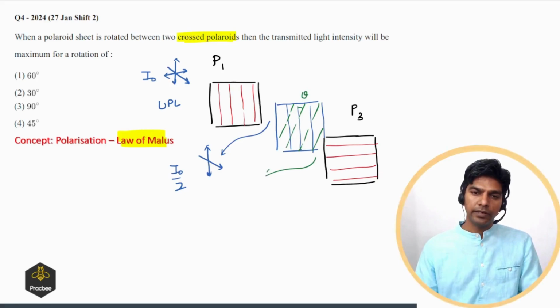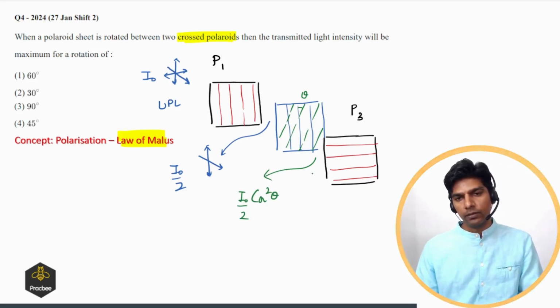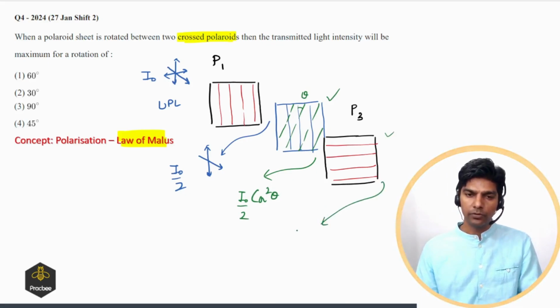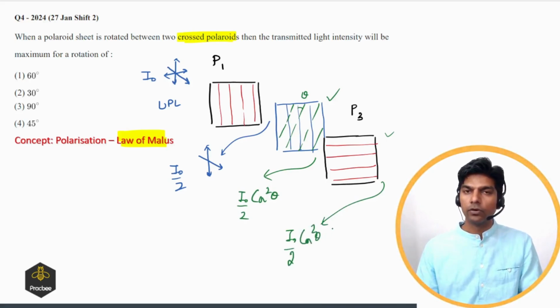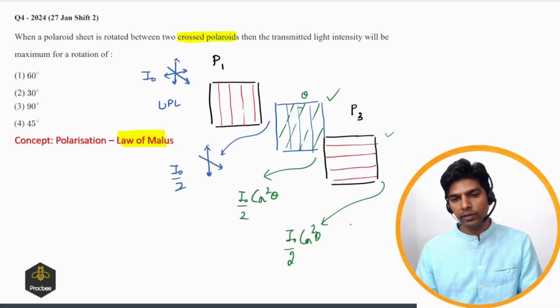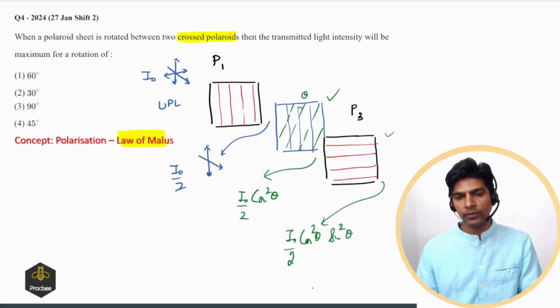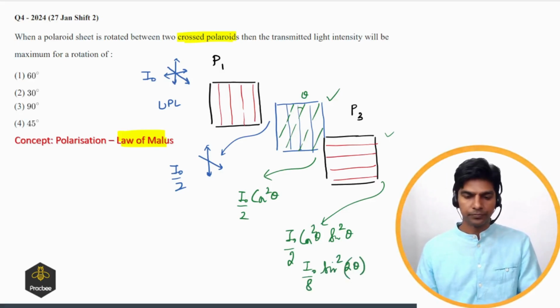So here the intensity will become I naught by 2 cos square theta. Now the angle between the second Polaroid and the third Polaroid is 90 minus theta. So the intensity after the third Polaroid will be I naught by 2 cos square theta cos square of 90 minus theta, which is sine square theta. So this comes out to be I naught by 8 sine square 2 theta.